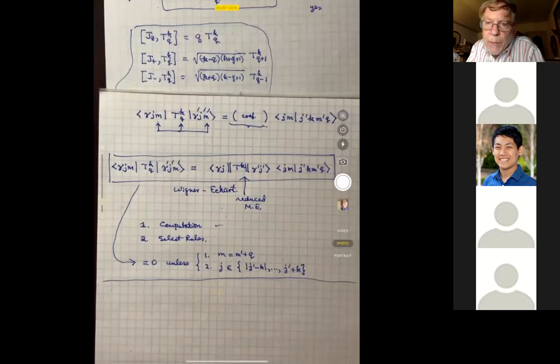I wish there were a proof of the Wigner-Eckart theorem that didn't take hours to write down, and didn't involve a lot of lengthy summations and stuff, or more abstract theory than I think is appropriate for this course. The truth is that if you're willing to do the more abstract theory, it's a special case of what's called Schur's lemma, and you may learn about that if you ever study group theory.